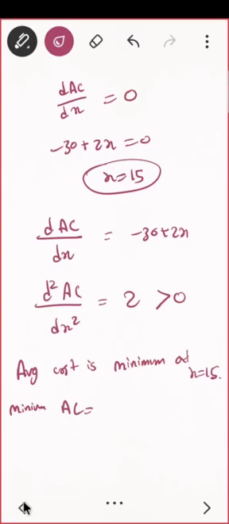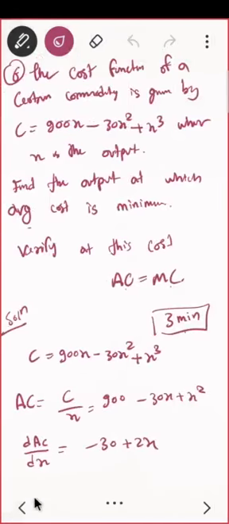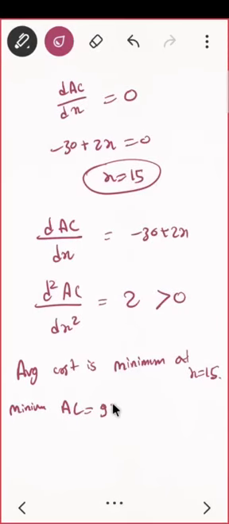So average cost में 15 put करो. What is average cost? If you put 15 in this, so ये क्या आएगा? That is 900 minus 30 into 15 plus 15 का square. Calculate this and tell me.